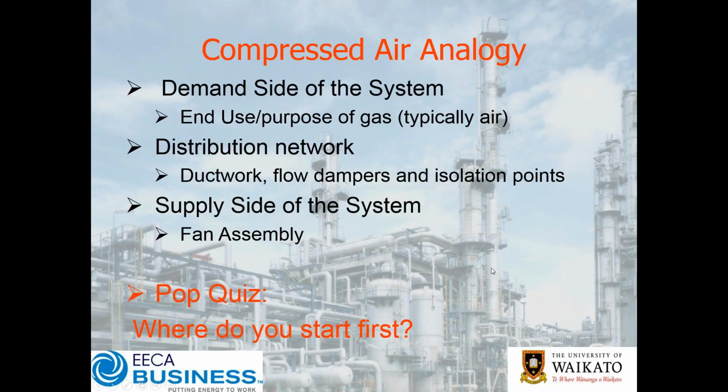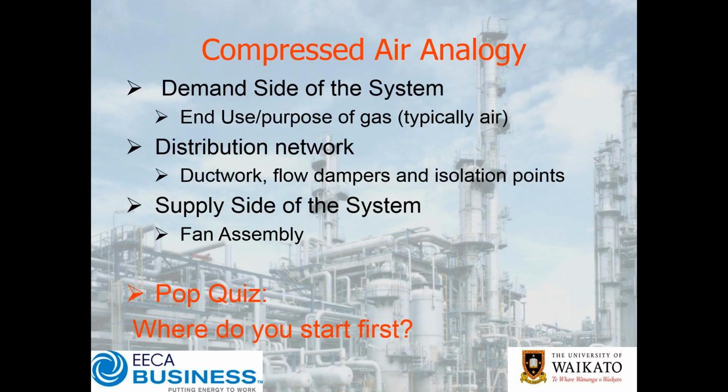And I guess ultimately, at the end of the day, in terms of the pop quiz for you guys, where do we start first? And this is where, just like with compressed air, the trap to fall into is you think it's all about the supply side of the system, because that's what you need to supply, and we very quickly focus in on the fan.